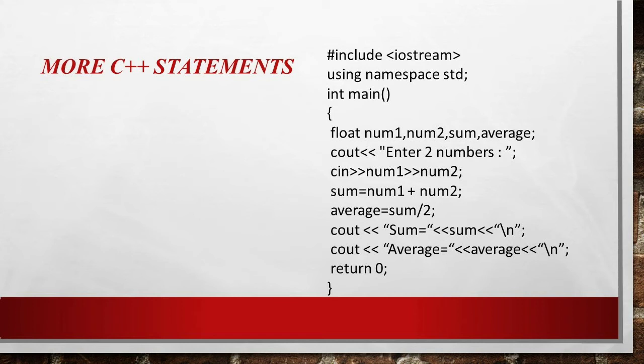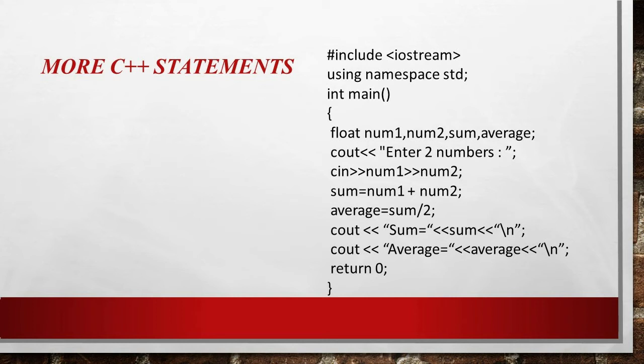So the program uses four variables here: number1, number2, sum and average. They are declared as type float by the statement. All variables must be declared before they are used in the program. Here, cin >> number1 is an input statement that causes the program to wait for the user to type in a number.